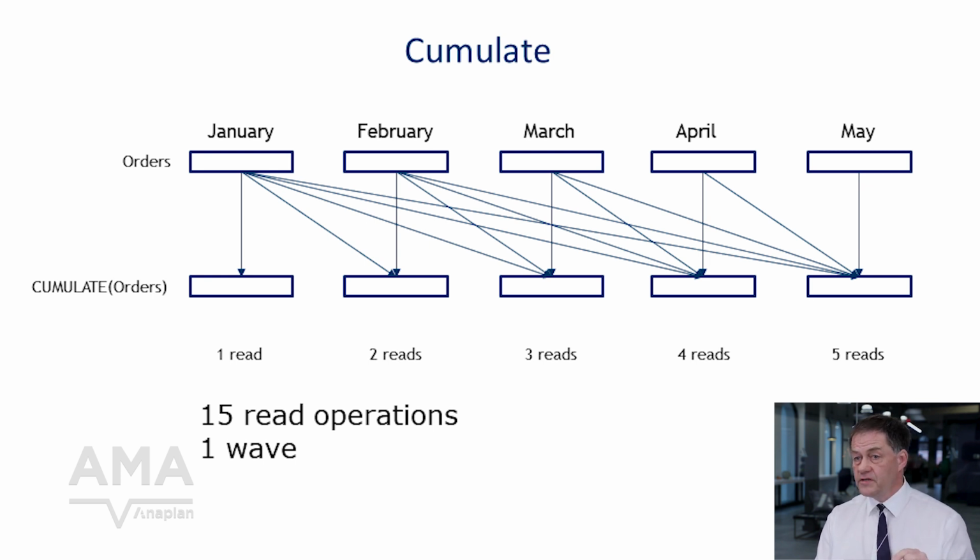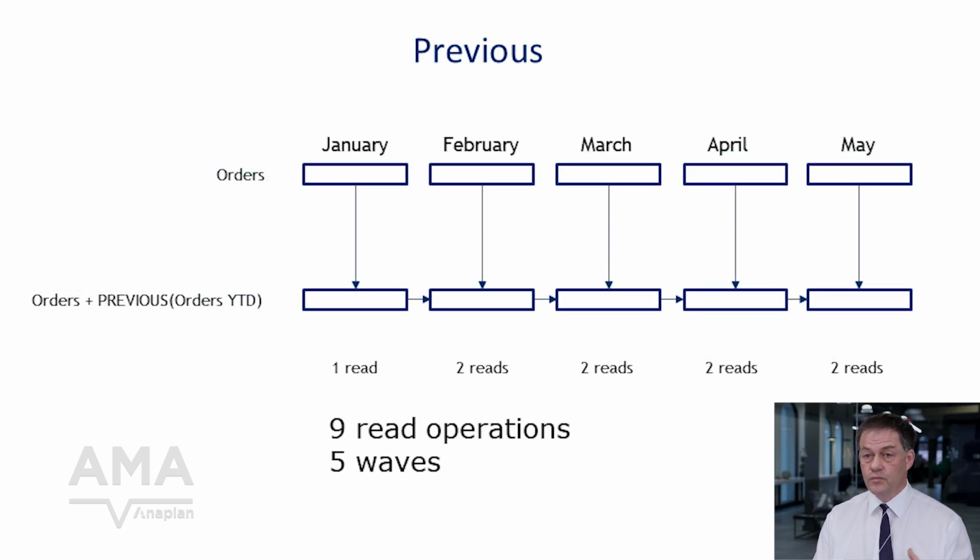So there is another more efficient way of doing this calculation, and that is to use previous. And you can see from this, if you, instead of using Cumulate, use the sum of the previous value of the target line item and the corresponding time period of the source line item, then it's very many fewer read operations and very many fewer additions to get the same result at the 5th period.